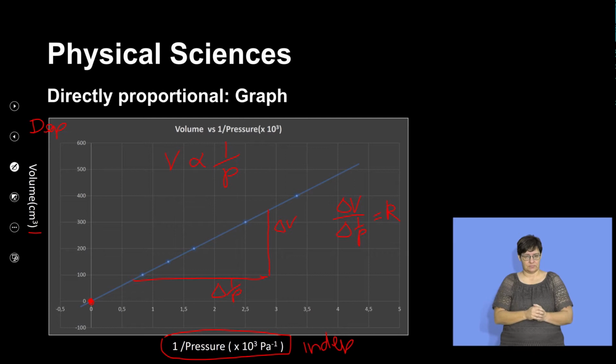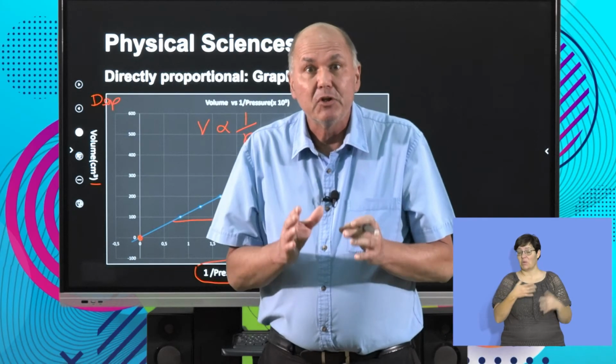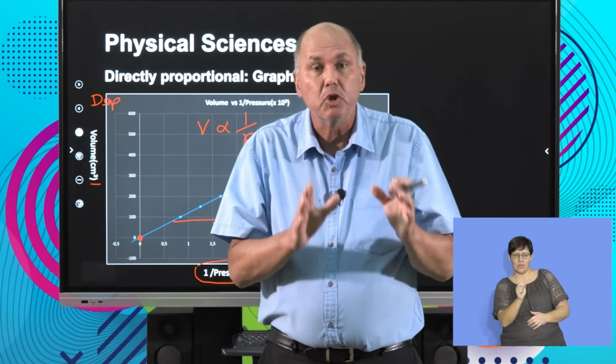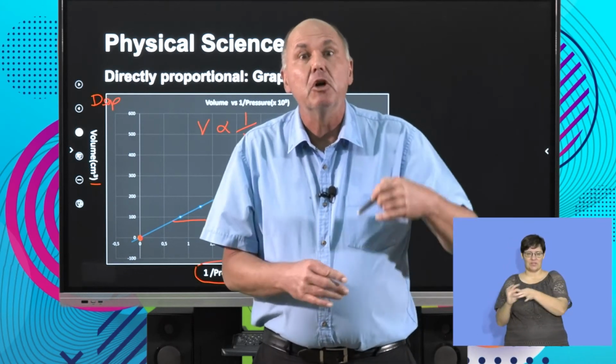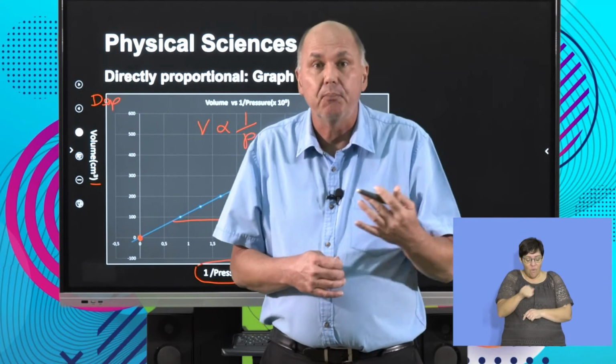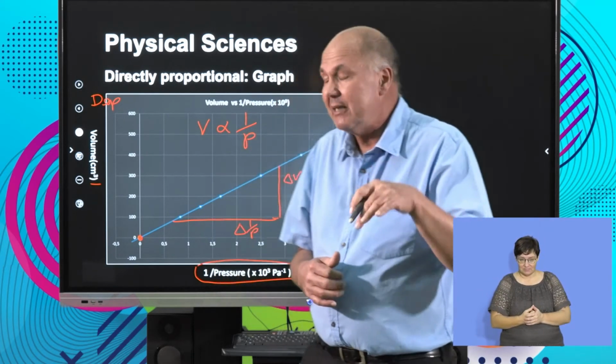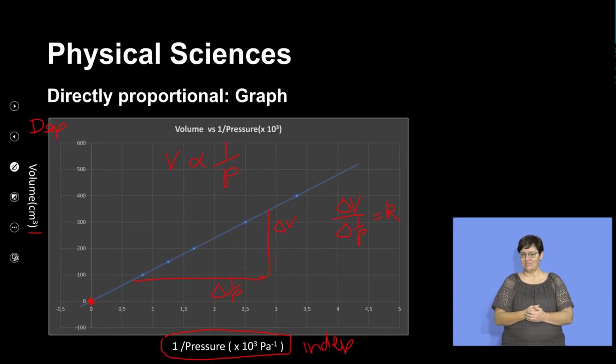And that's a very interesting conclusion that we've come to, because it's telling us about a proportional relationship, but it includes a 1 over, a reciprocal. That's quite a word that we don't hear very often, but it's an important word to remember.